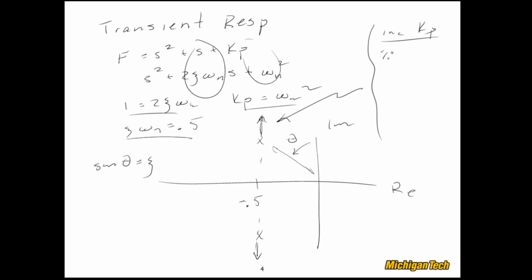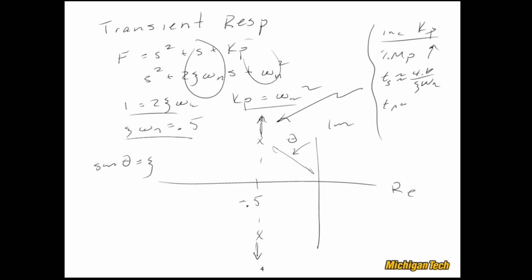That means percent overshoot goes up. The settling time, which is roughly 4.6 over zeta omega n, would roughly stay constant. As my zeta gets small, that approximation maybe isn't so good, but as long as I stay around 0.6, 0.7 or so, that approximation is decent.